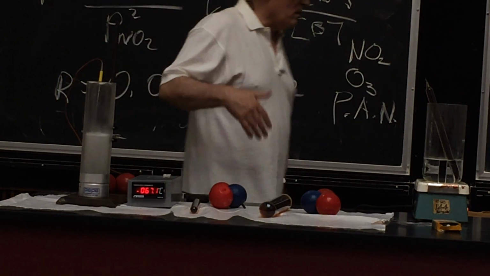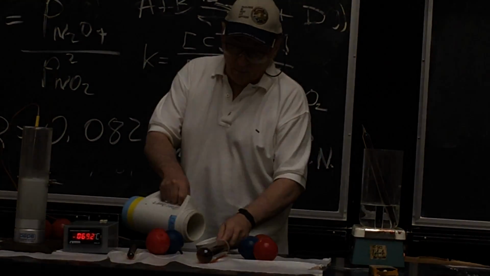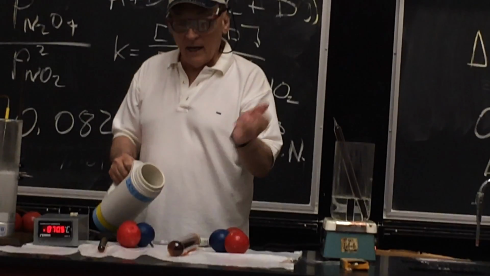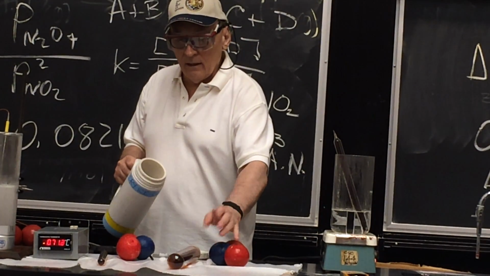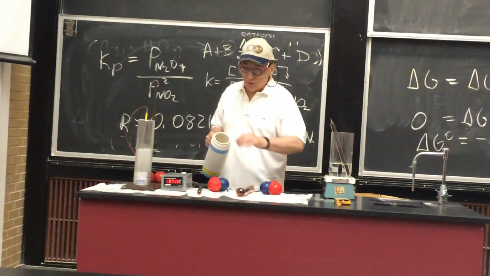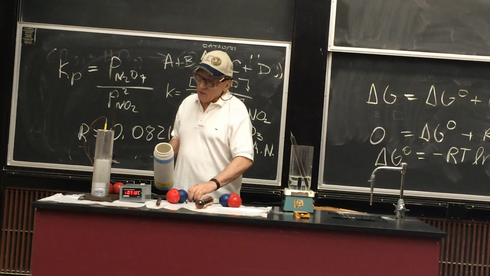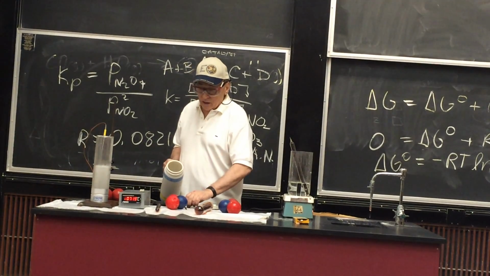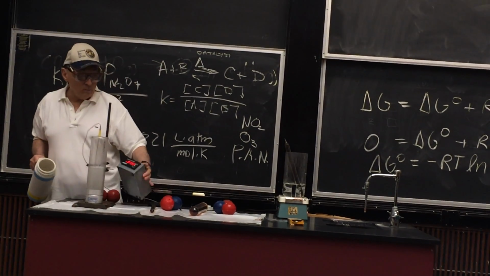The reason you make these is when you want to uniformly cool something down to cryogenic temperatures, you can't just take pieces of dry ice like this and put it on the side, because you don't get even distribution of the temperature. It doesn't do much, because the dry ice sublimates, turns from a solid to a gas. But if you dissolve the dry ice in alcohol or some other organic solvent like this, then you get a nice continuous media.